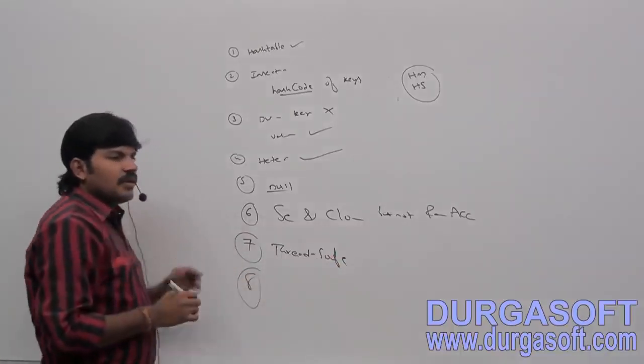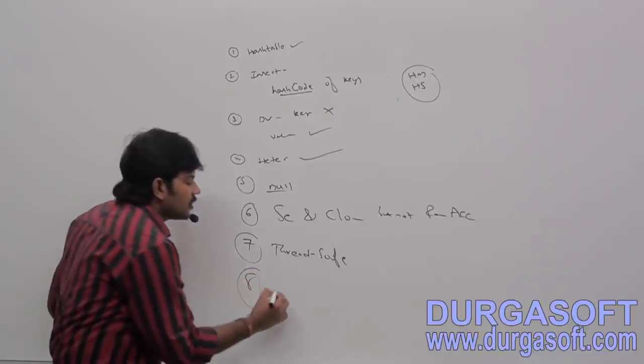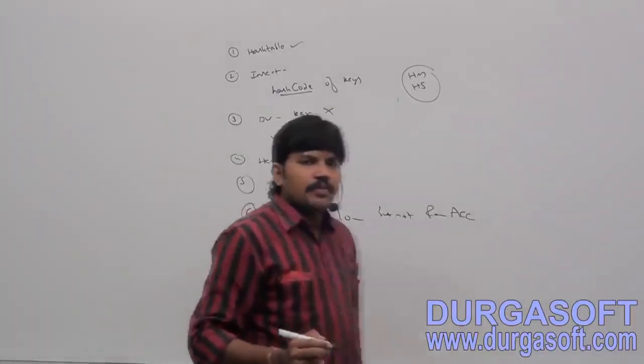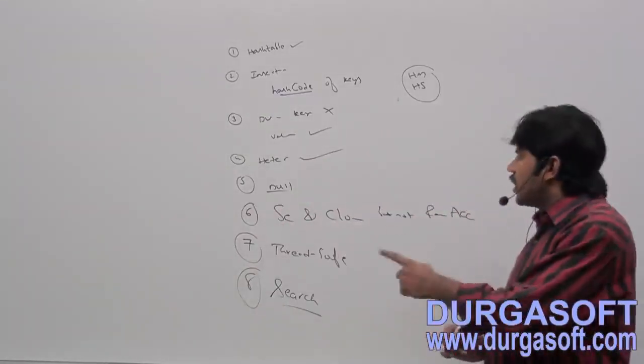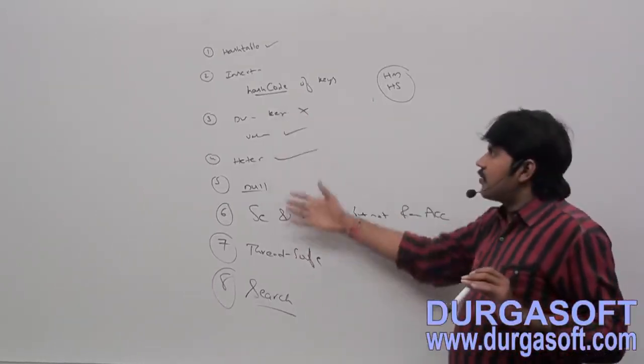Next, Hashtable is the best choice if our frequent operation is a search operation, right? I hope up to this there is no doubt at all. Normal terminology only.